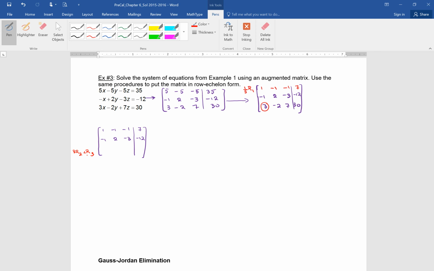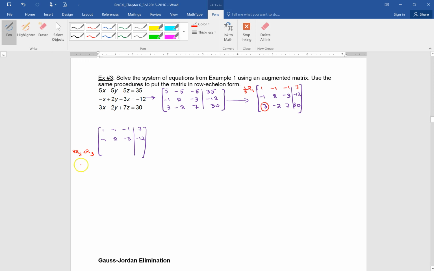So, 3 times -1 plus 3. 3 times 2 plus -2. 3 times -3 plus 7, and so on. You can write it down. You don't have to write it down. It's up to you. Shall we write it down? Yeah.